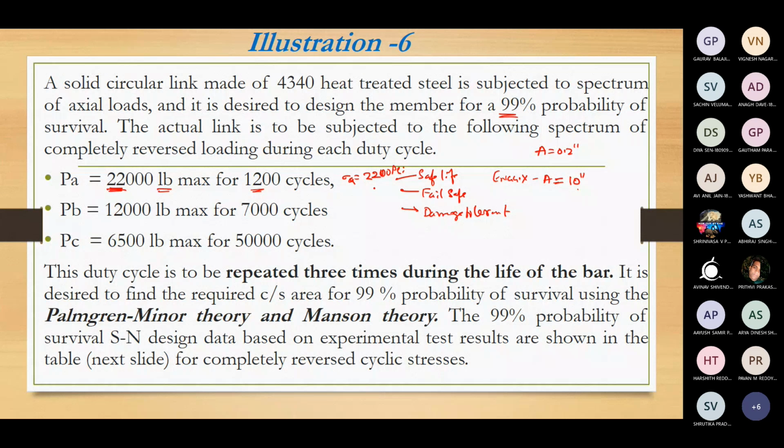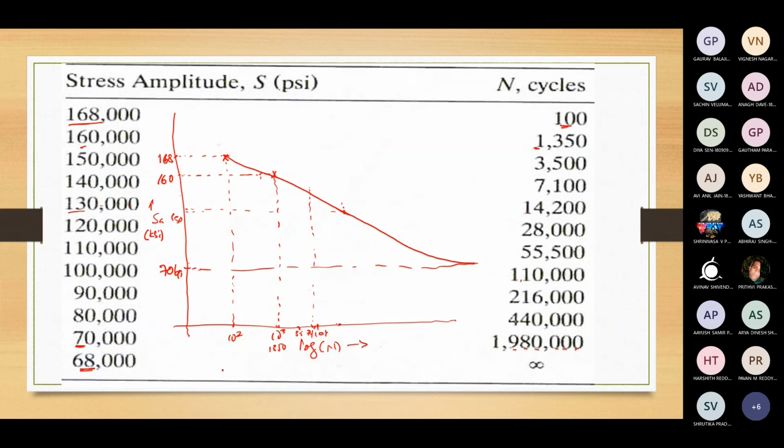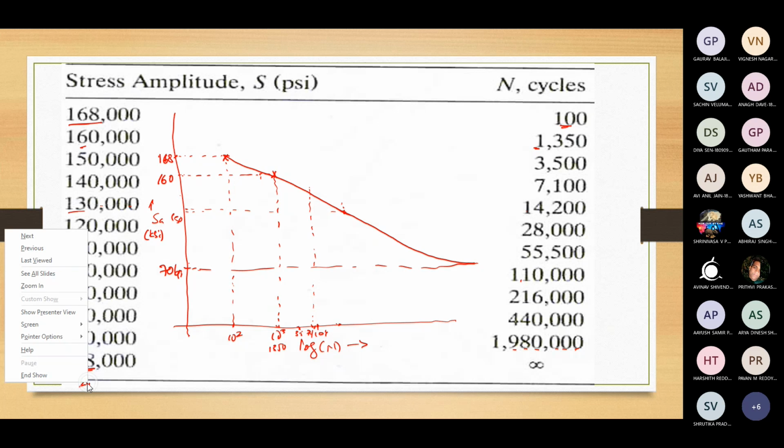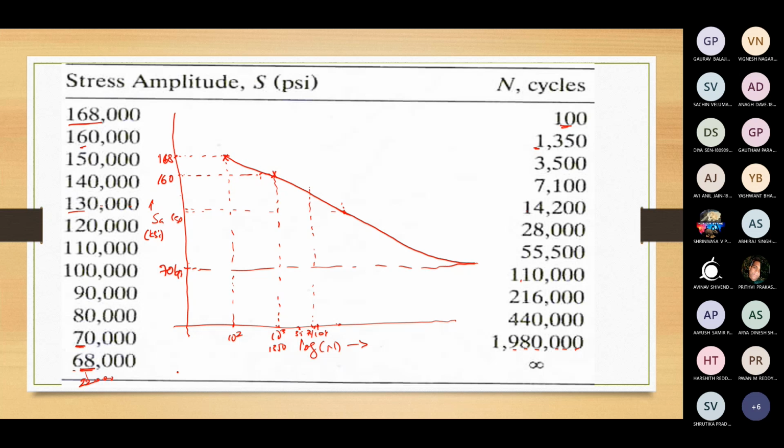Now if you look into your SN diagram, if you have the stress value 2200, it is much lesser than this. Your component is never going to fail. If you operate at 68,000 PSI, then only is the component not failing. If you operate at 70,000, then the component is failing somewhere, or you will get approximately the endurance limit at 10 to the power 6.